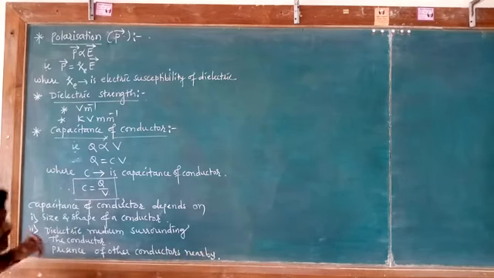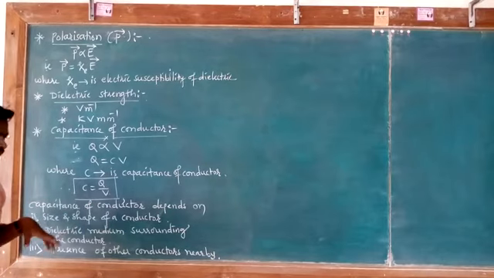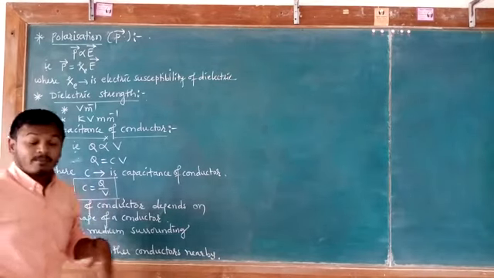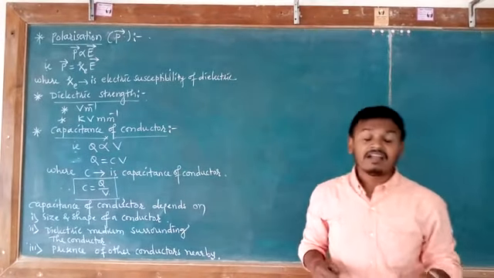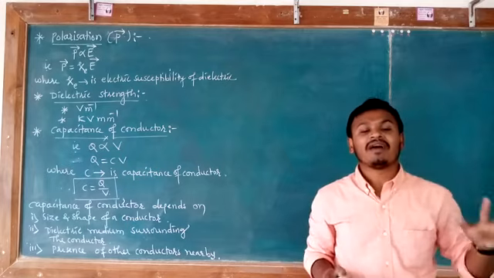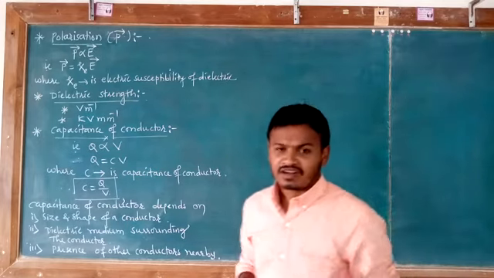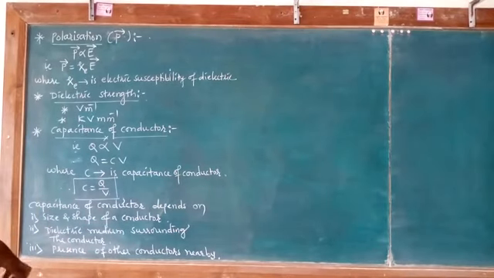Simply, these are the three main factors on which the capacitance of a conductor depends: size and shape of a conductor, dielectric medium surrounding the conductor, and the third one is the presence of other conductors nearby. Simply, this is what the capacitance of a conductor depends on.